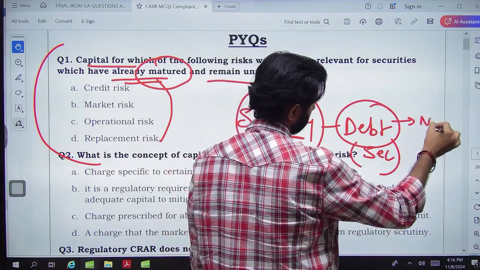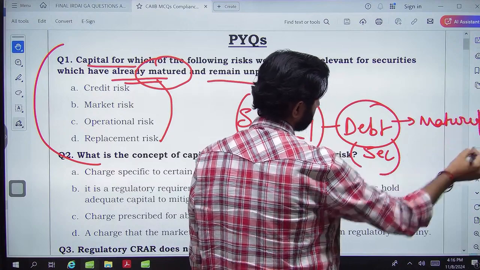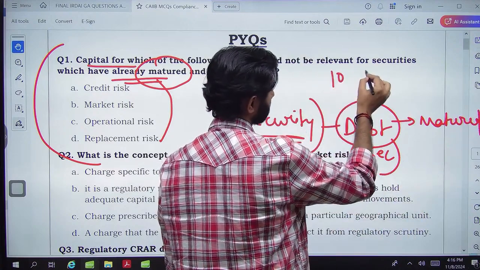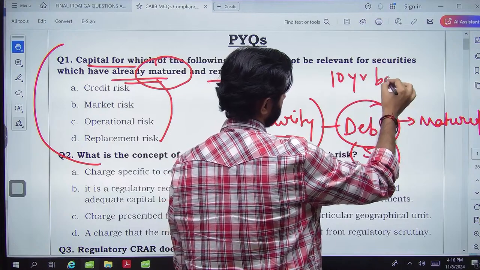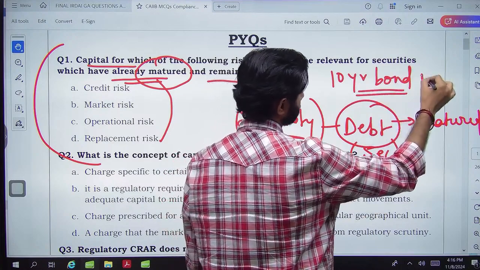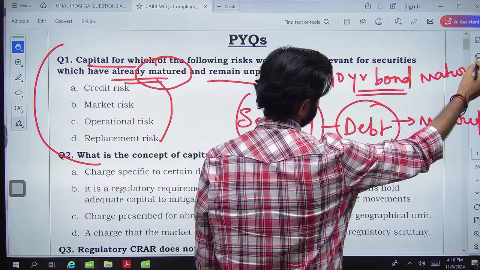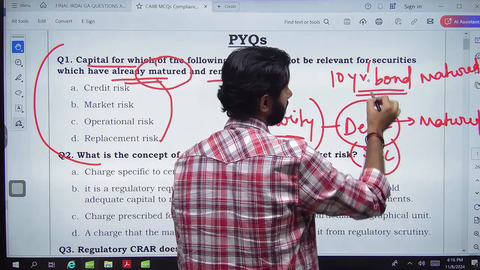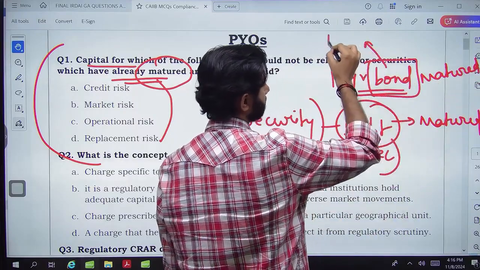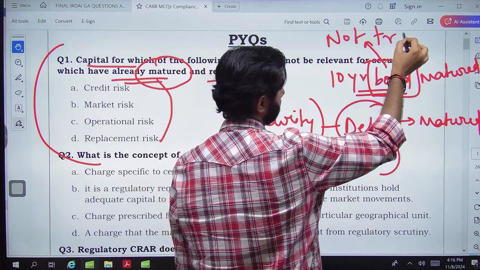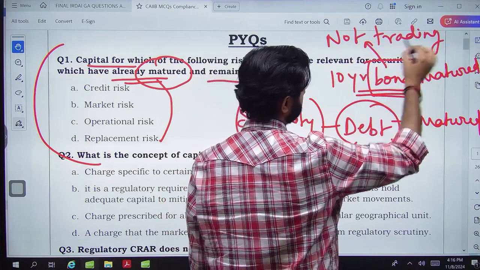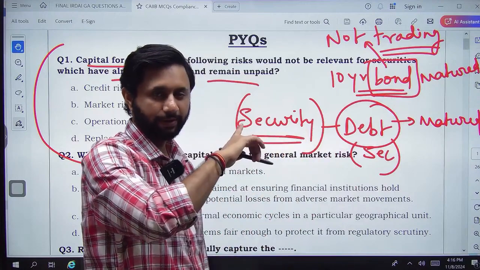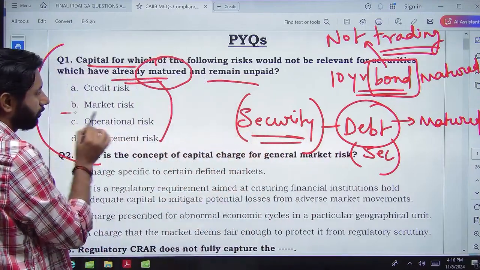which has already matured. Let's take an example: if there is a 10-year bond which has already matured, that means the bond is not trading as of now. If the bond is not trading, then there is no point of market risk.